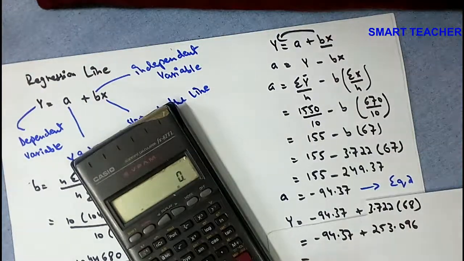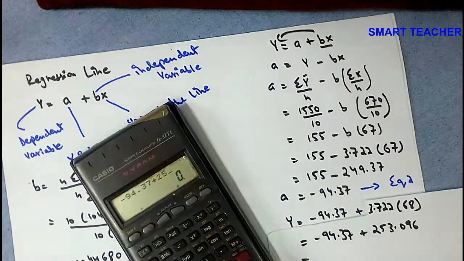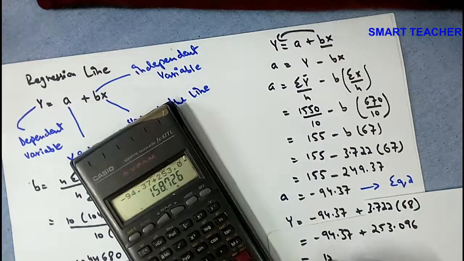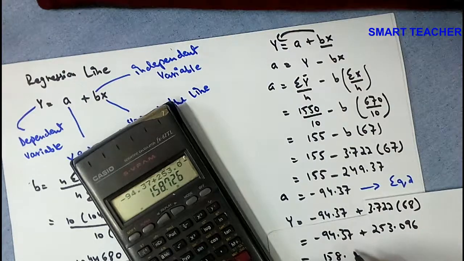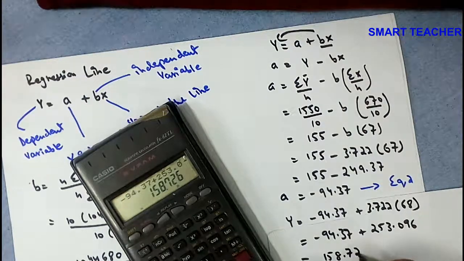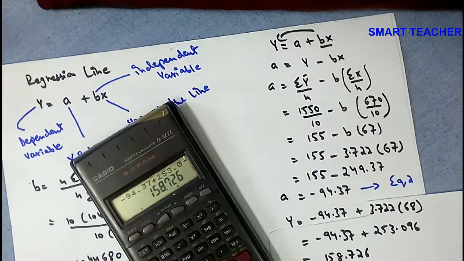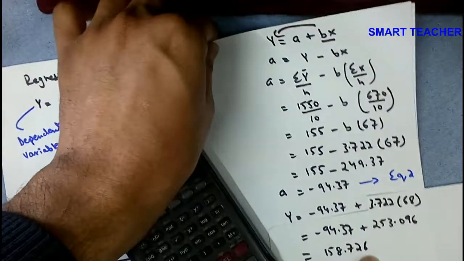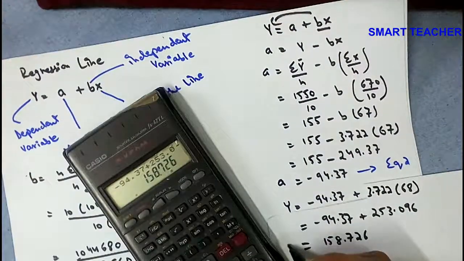So minus 94.37 plus 253.096, we get 158.726.